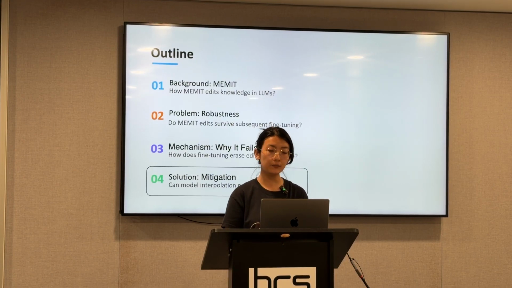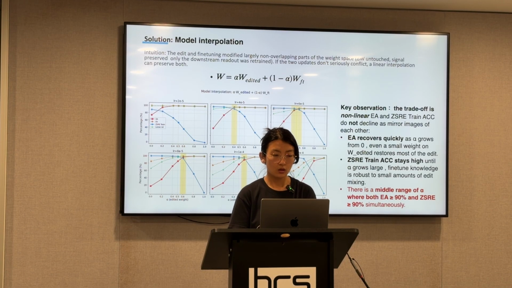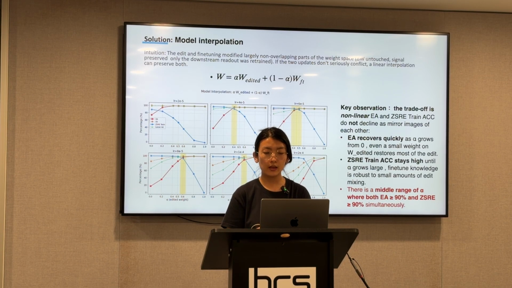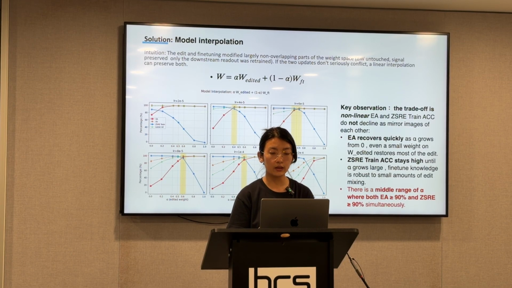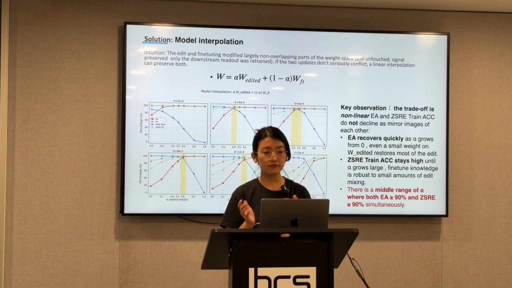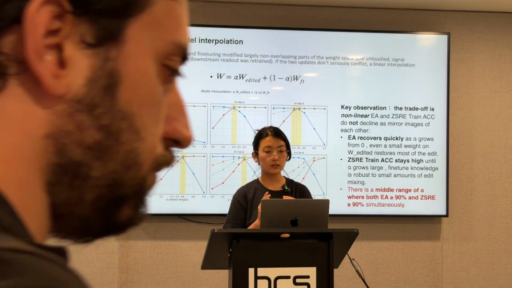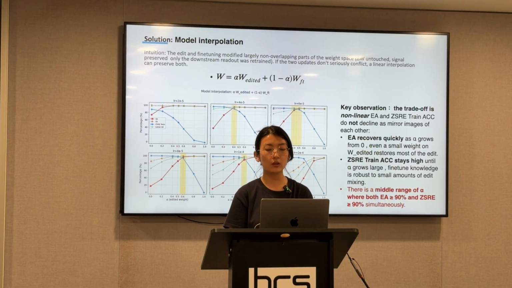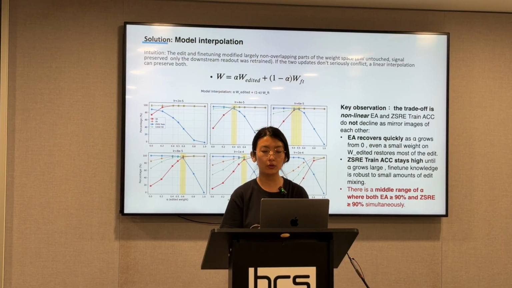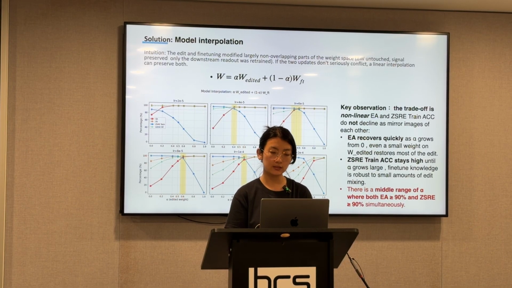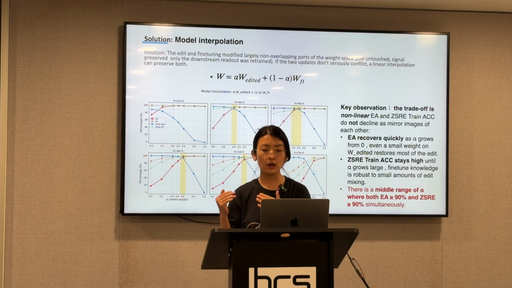Naturally, we want to know if there is a solution to mitigate this robustness problem of knowledge retention, and we try to address it with model interpolation techniques. Our intuition is that the edit and fine-tuning modify largely non-overlapping parts of the weight space, because delta W is untouched and the signal is preserved, and only the downstream readout was retrained.